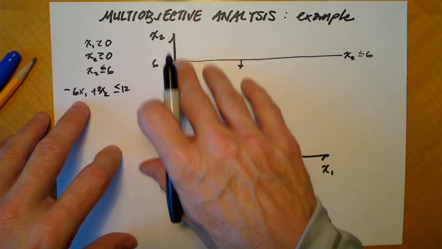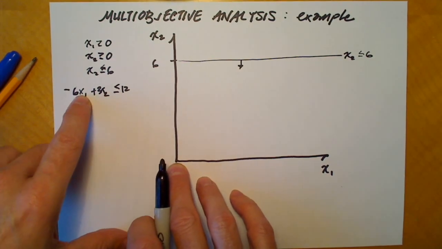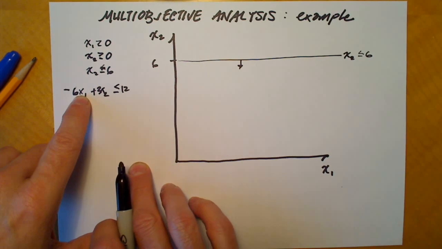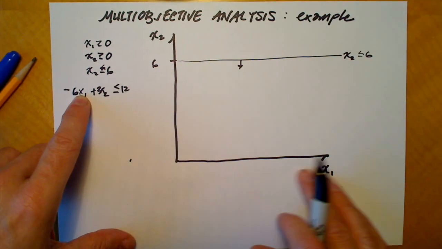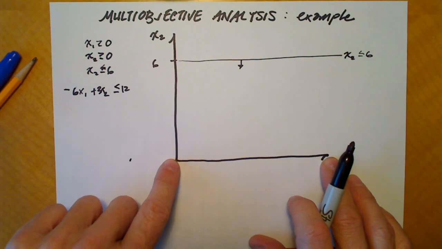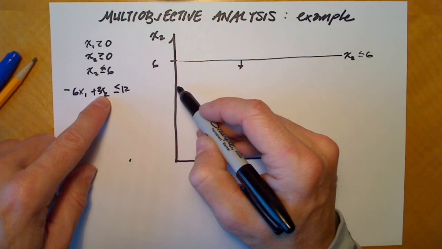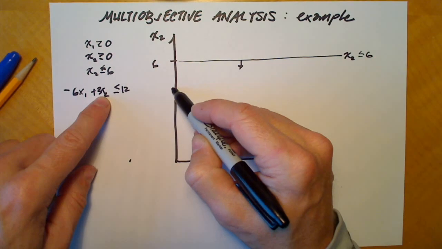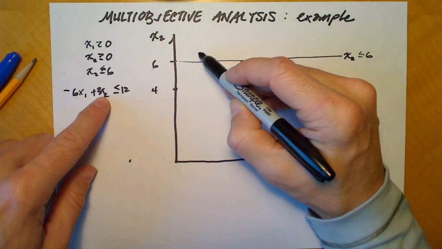Well, if x2 is 0, x1 is going to be negative 2. That's somewhere around here. Let's find the x2 intercept. So this is x1 is 0 and x2 is going to be 4. And that's somewhere around here. Those two will connect in a straight line.